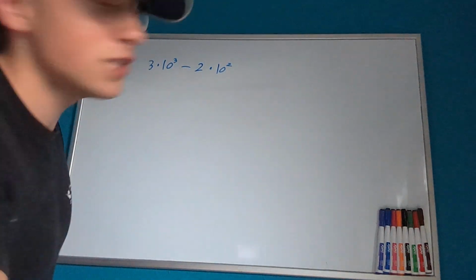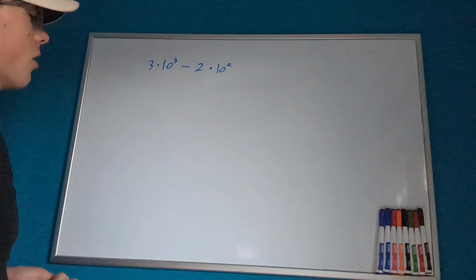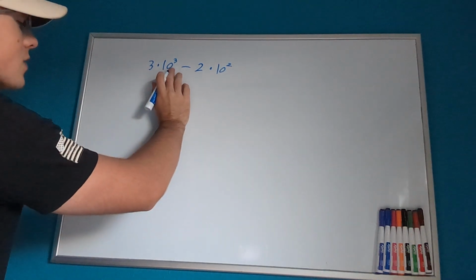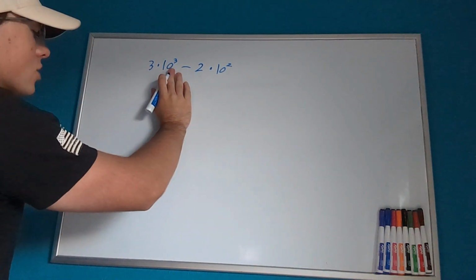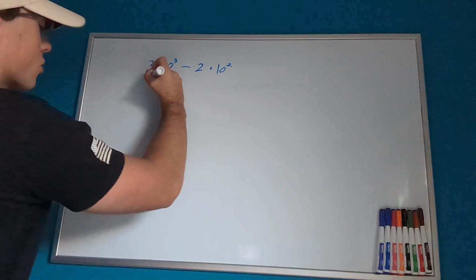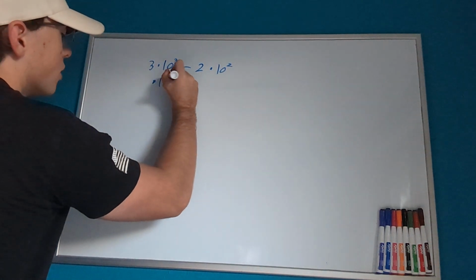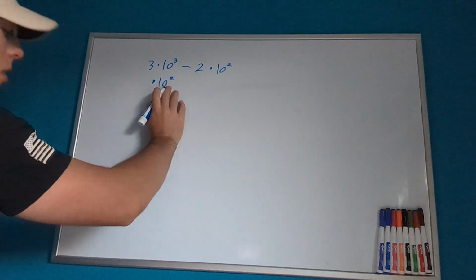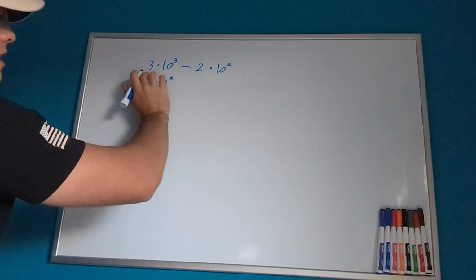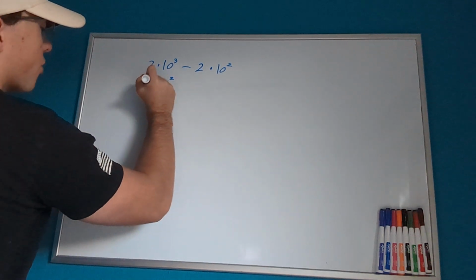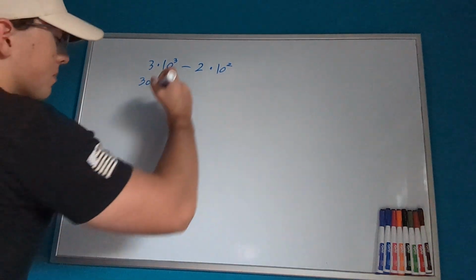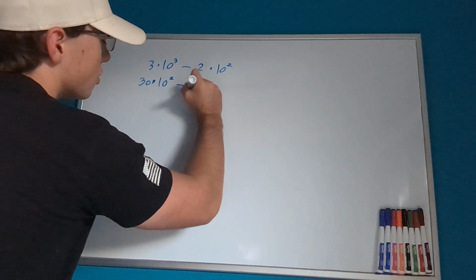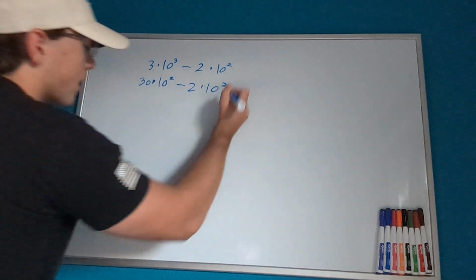So let's focus on this one right here, okay? We want to make this from 10 cubed to 10 squared. So this is going to be times 10 squared, and we made this smaller by 10, so we're going to have to make this larger by 10. So it's going to be 30 times 10 squared, right? Then minus 2 times 10 squared.